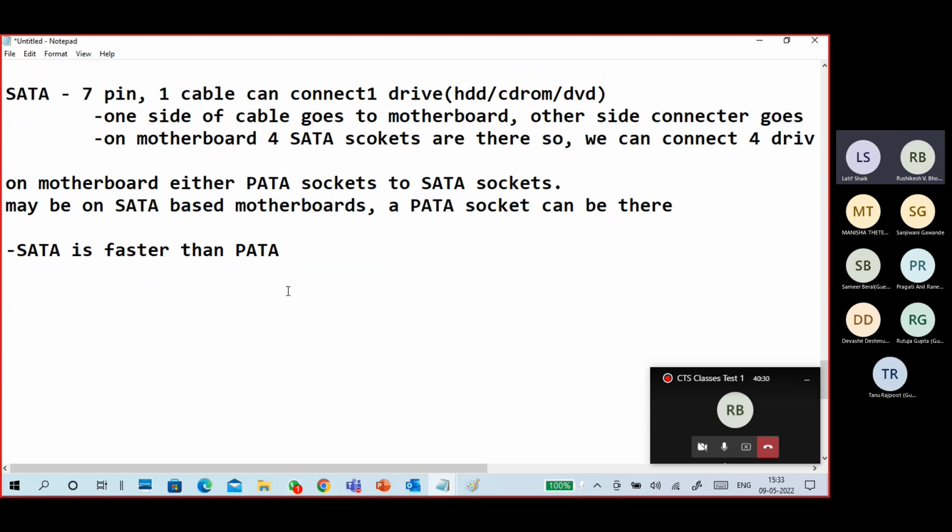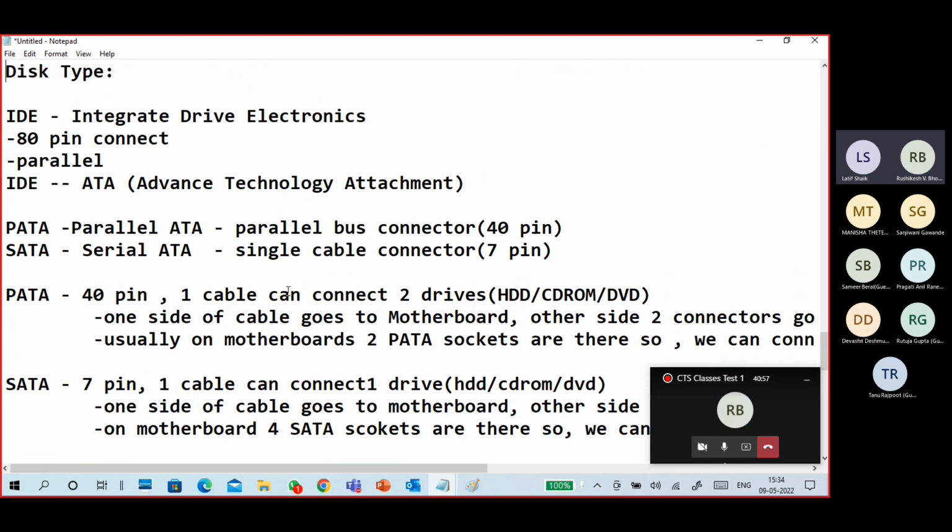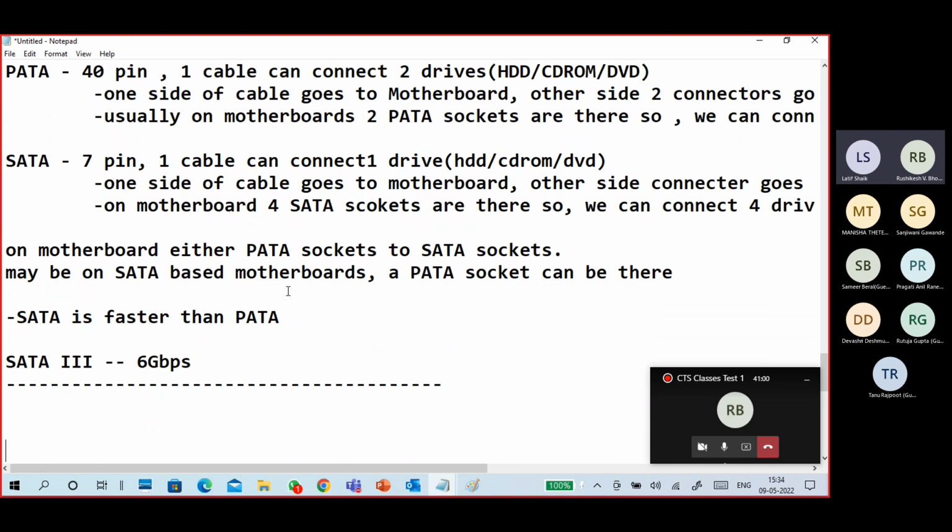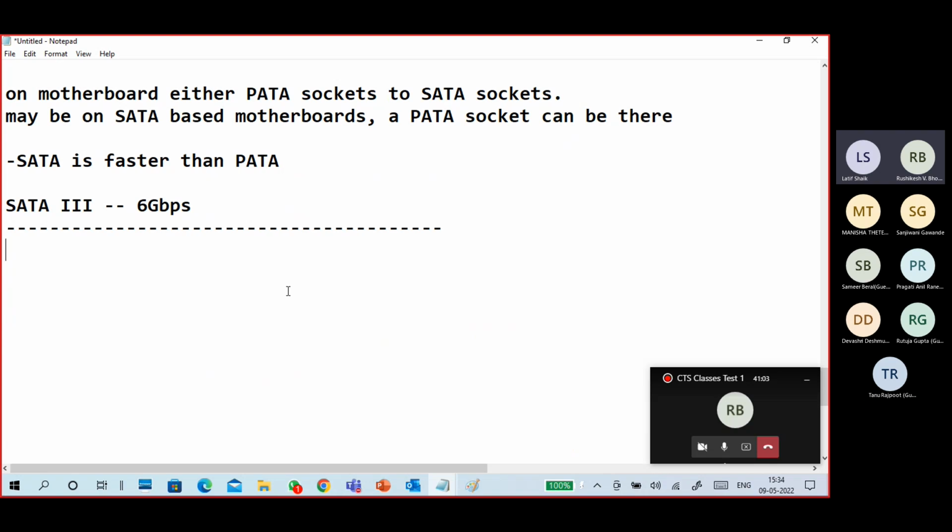There are speed differences, 33, 100, 600 like that. Recently, SATA 3 is the new version, 6 Gbps, just the connector speed, not read and write speed. SATA is Serial Advanced Technology Attachment. Nowadays all our hard disks are SATA hard disks only.